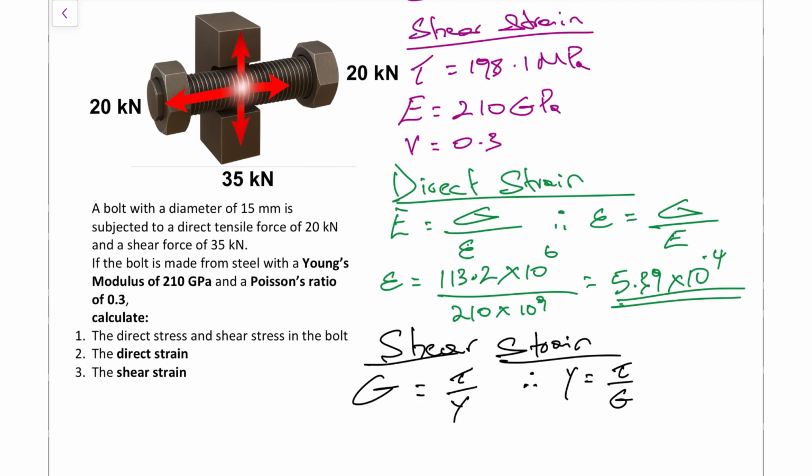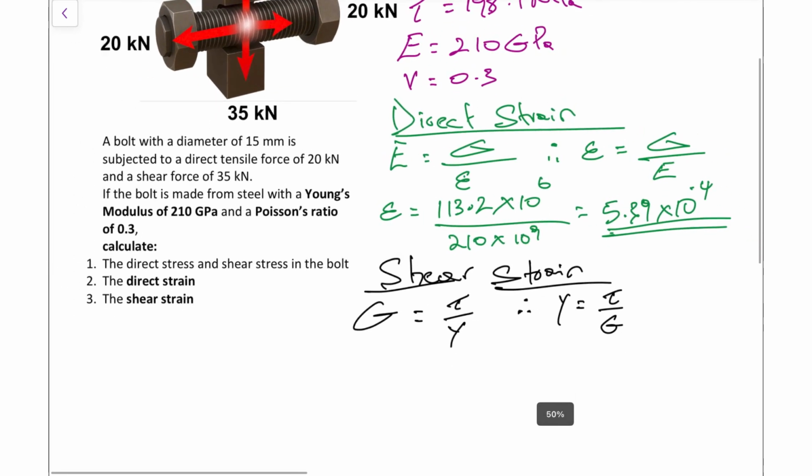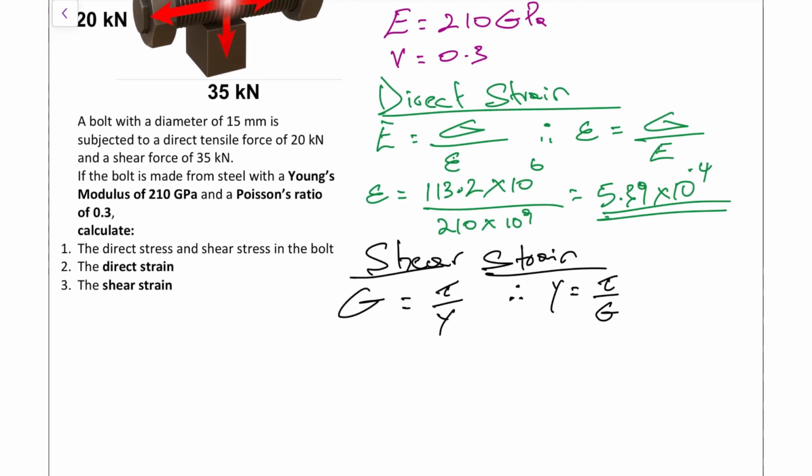In order to solve this, we're going to have to use another formula to first get the modulus of rigidity. It's directly proportional to our Young's modulus and inversely proportional to 2 times 1 plus V, for Poisson's ratio.